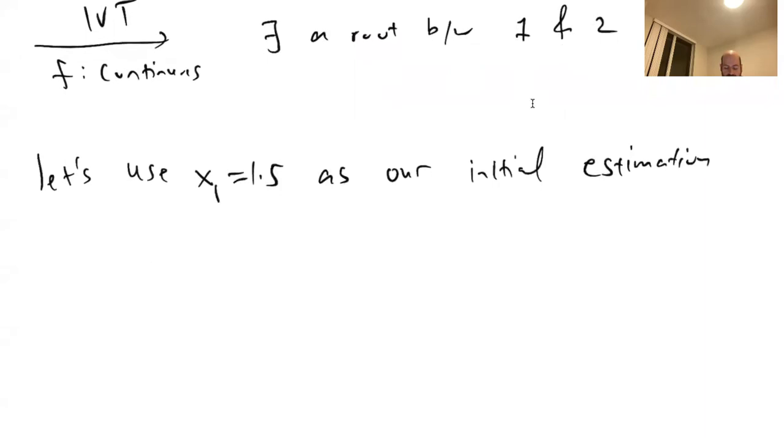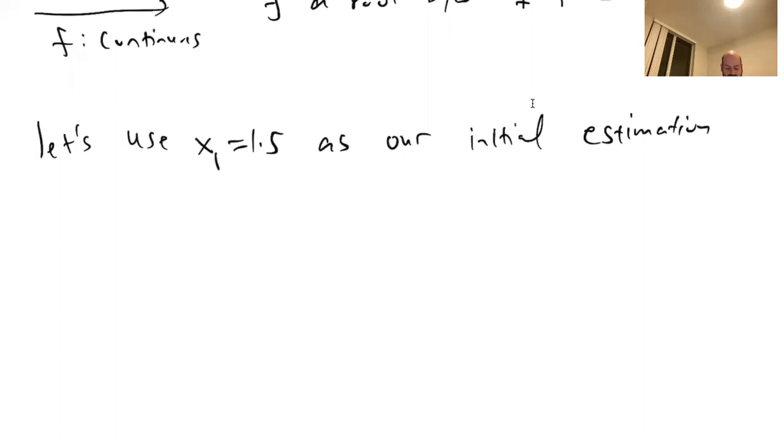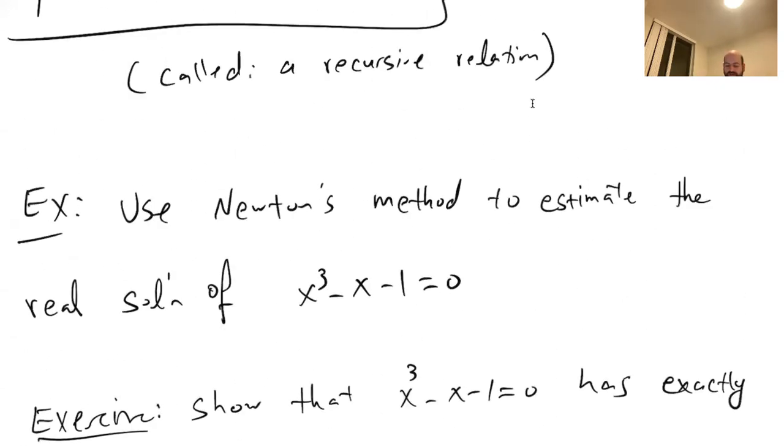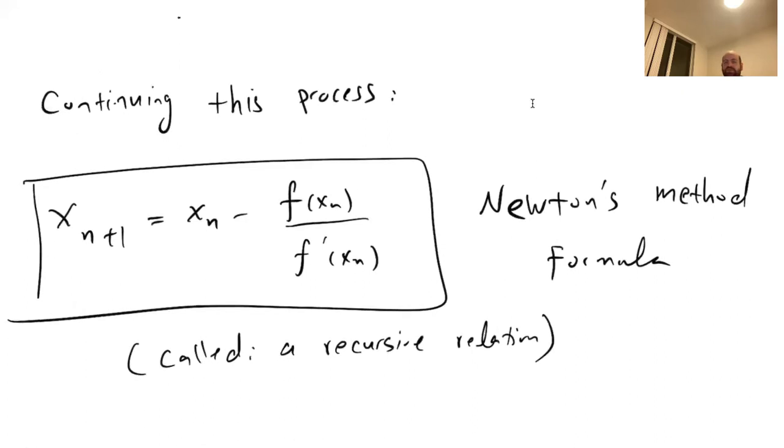And then once we have x1, we can find the remaining. Next, to find x2. x2 means an improvement of x1, right? We start with some initial estimation, then we improve it to x2, then improve it to x3, and so on. How should we do it? With this Newton's method formula, which gives us any xn plus 1 in terms of the previous one, xn.